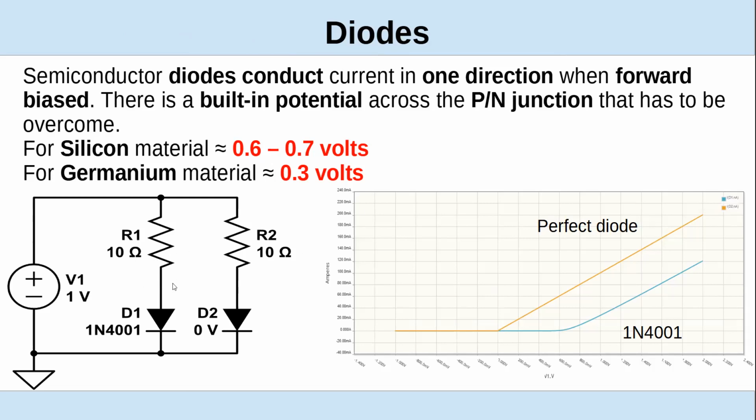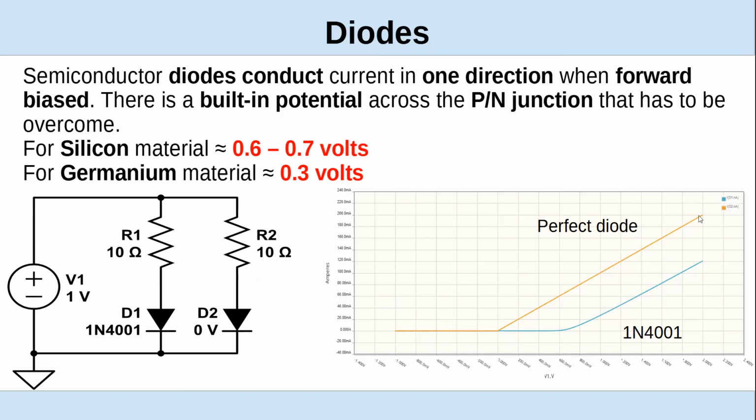What I did here was to simulate a typical 4001 diode, which is, I think, a 1 amp diode they use as a rectifier mostly. And this D2 is a perfect diode, the kind that don't exist, and plotted them. You can see on the perfect diode, it started conducting here at 0 volts.